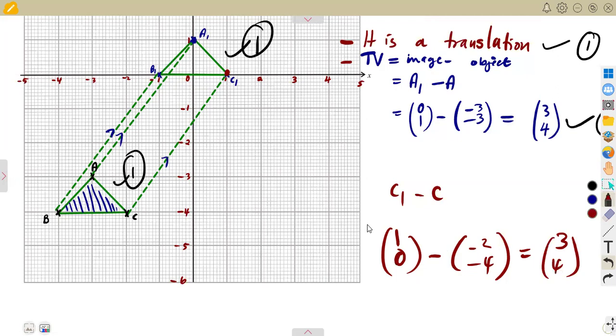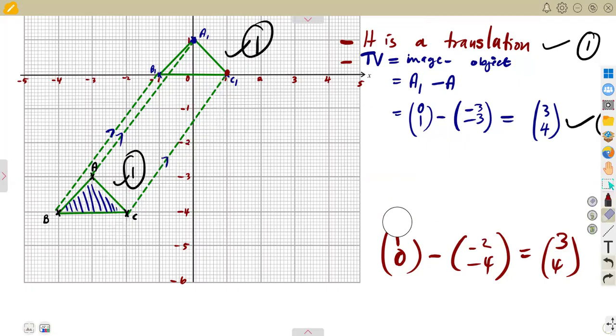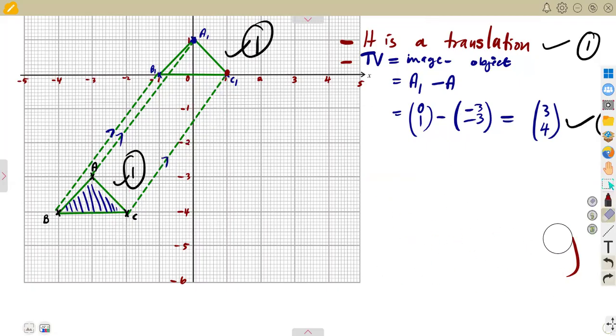So as you can see, any combination that you choose, it must give you the same translation vector as long as you are subtracting correspondingly, C1 to C, B1 to B. You are subtracting corresponding points, but as a vector, you must have the same answer.